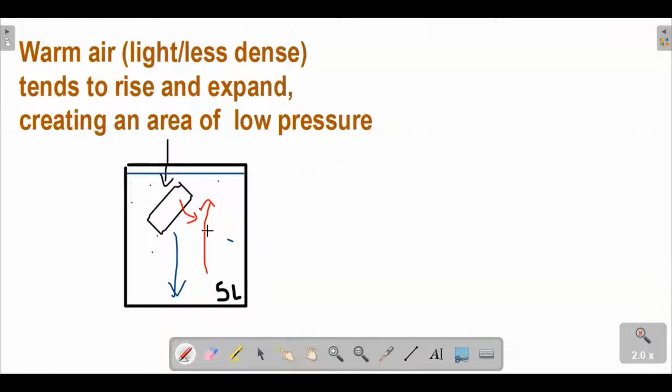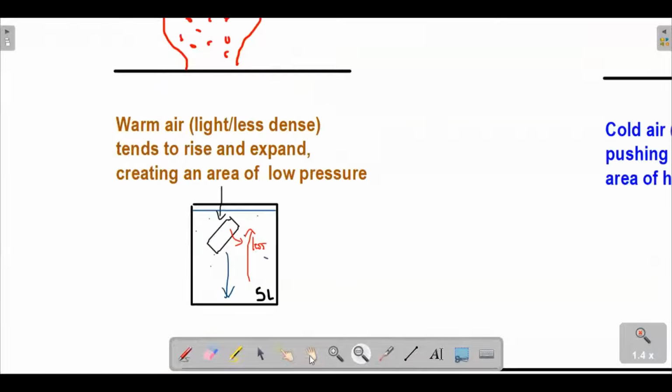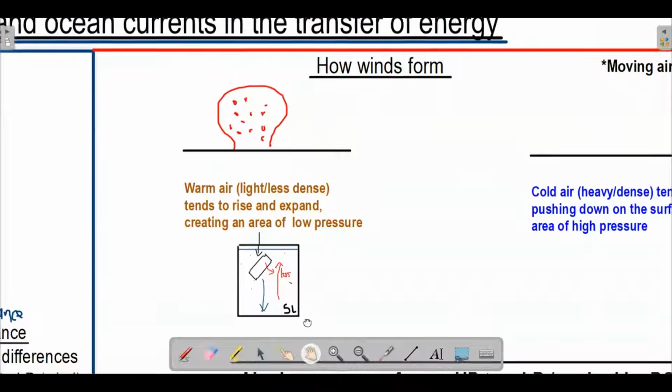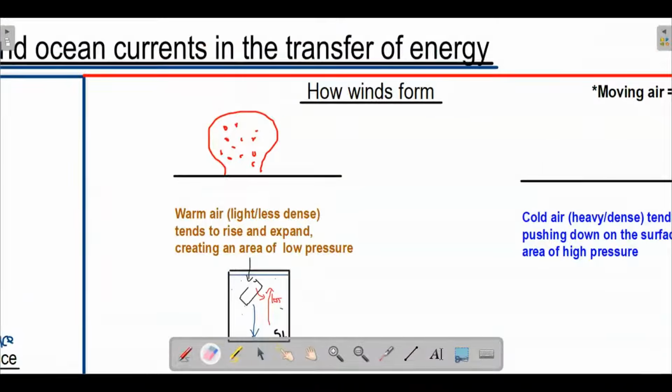Why does it rise up? Well, it's because it is less dense. It is lighter than the surrounding water that it is in, right? So that's exactly what happens here, guys. You have a warm air mass. This warm air, because it is light, because it is less dense, is going to rise, it's going to expand, and rise up.